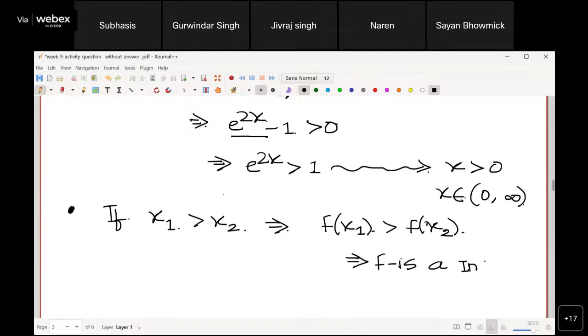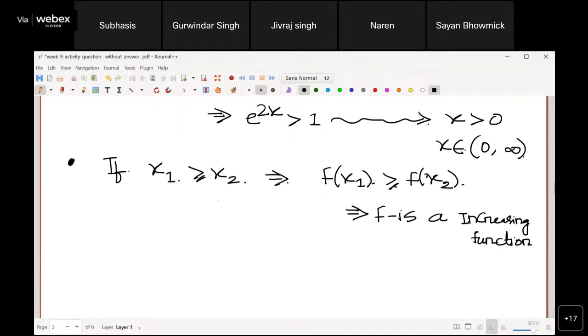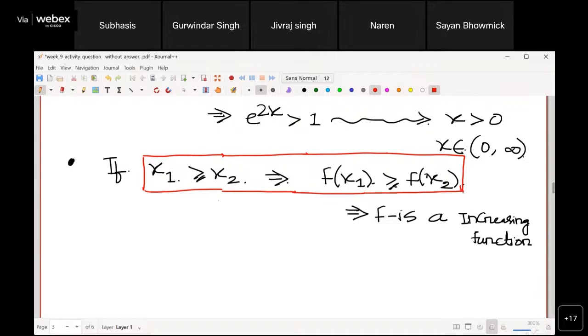Actually, it should be greater than or equal to, and strictly greater than comes when you have a strictly increasing function. So somehow I want to show this, and if I show it, then I am done. Can we substitute x1 as 1 and x2 as 2 like that?